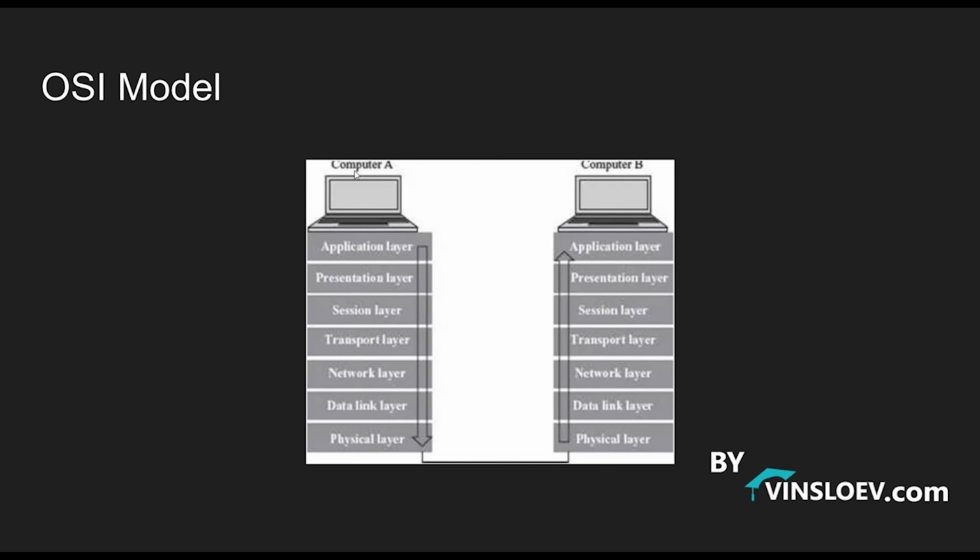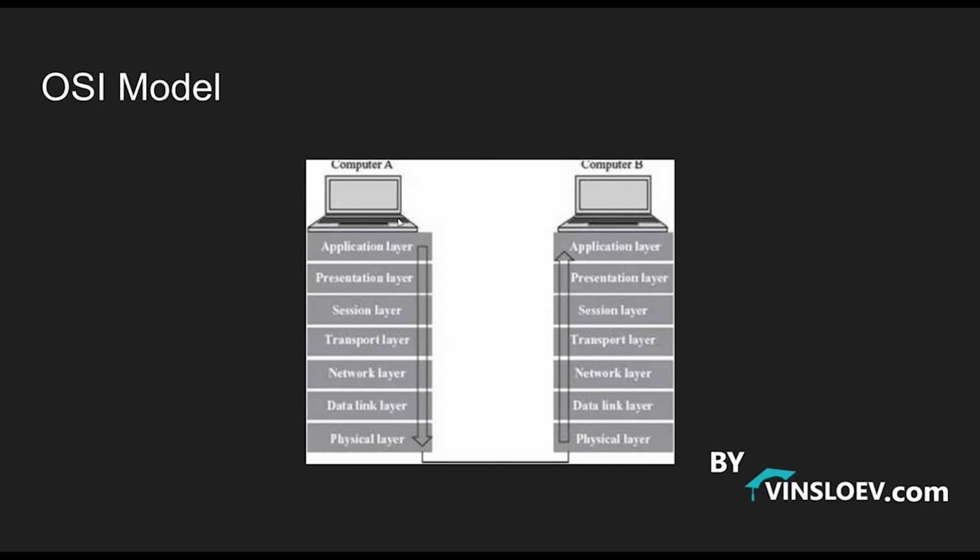For example, if we have computer A right here and computer B right here, then a person on computer A is going to send something to computer B. He is starting on the application layer, and the computer and the electronics within it work their way down from the application layer through the different layers until they reach the physical layer, and then it is transferred over to computer B, which starts from the lowest layer and works its way up until it is capable of presenting the data that computer A sent.